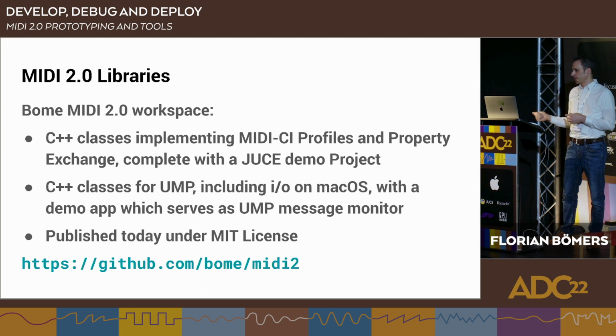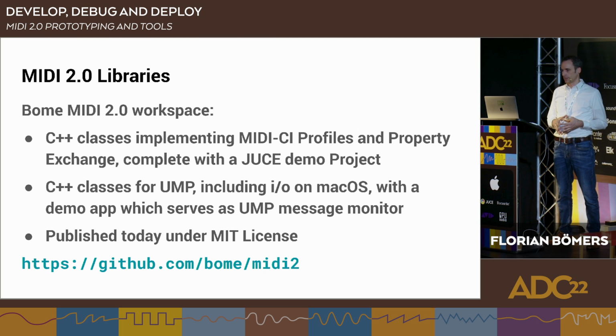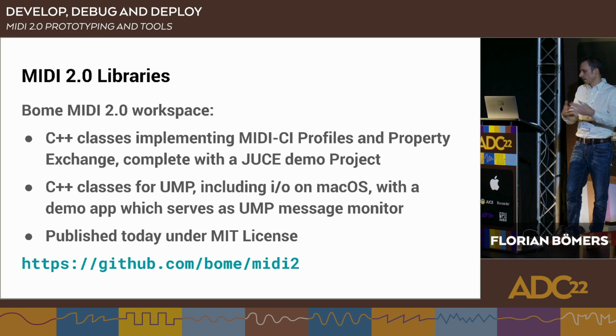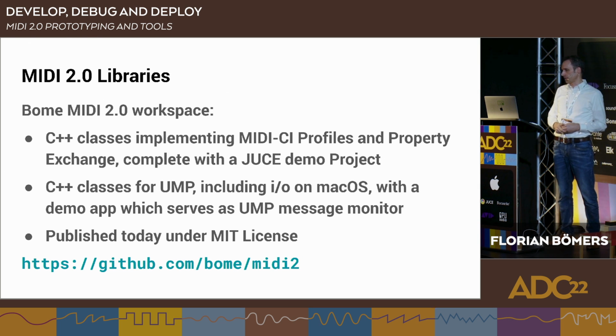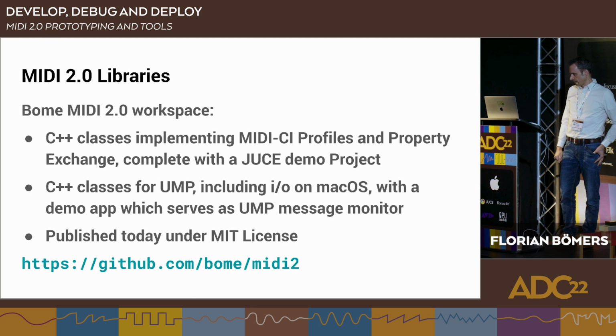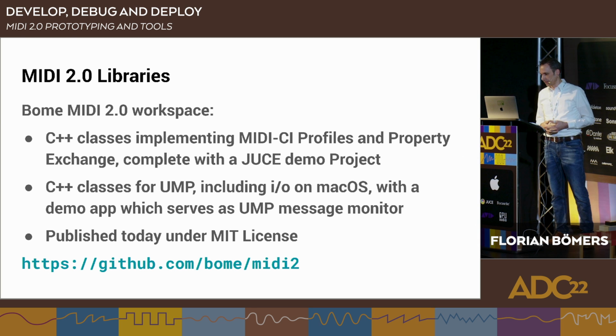There's a UMP sender and the UMP receiver application, which might help you develop your own UMP application, or you look at the code, how to open a macOS UMP device and how to interface with that. It also comes with utility classes for UMP, so might give you a jump start for UMP development.